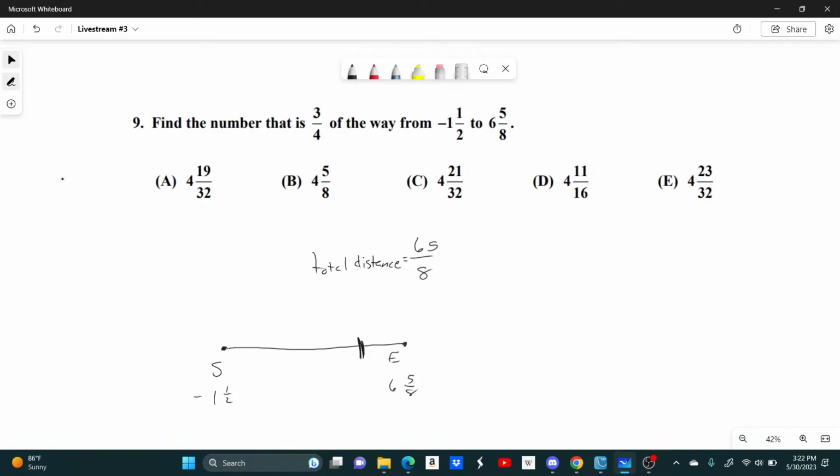You end up with 147/32. Oh, okay, but all these are in mixed numbers, so that's not super helpful. But I do see that all of these whole number parts are 4. So if I just subtract 4 from this, I get 19/32. So I can tell you that it's answer choice A.